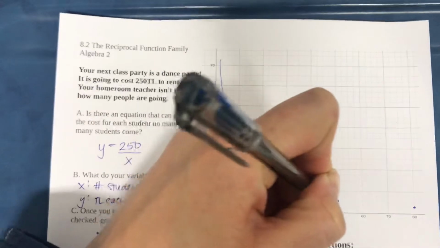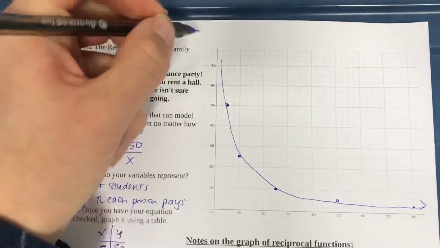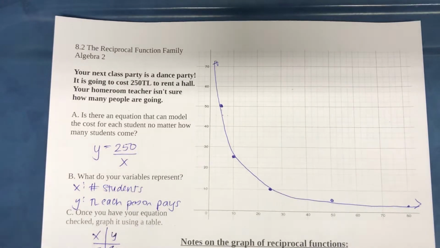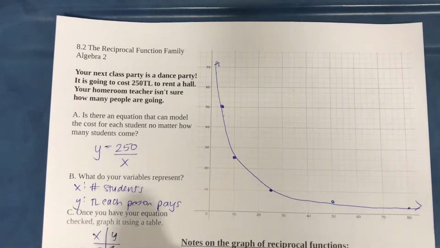So this should be looking pretty similar to what we did last section with inverse variation, which reciprocal functions kind of fall in. A reciprocal function, as you can see, never crosses the x and y axis.